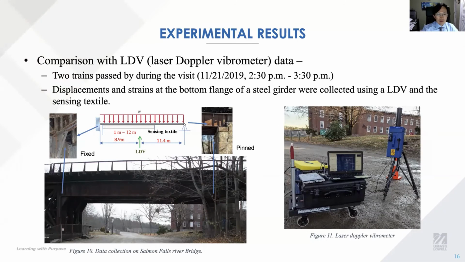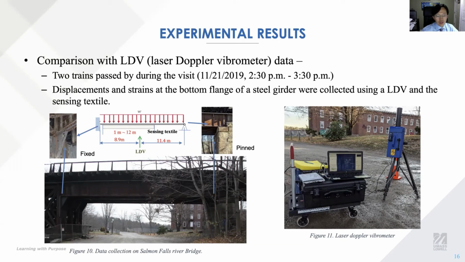In order to calibrate the measurements collected by sensing textiles, we also use a commercially available laser Doppler vibrometer made by Vibrations Inc. It's a single point digital shortwave infrared laser vibrometer.